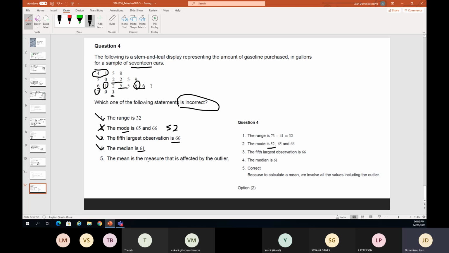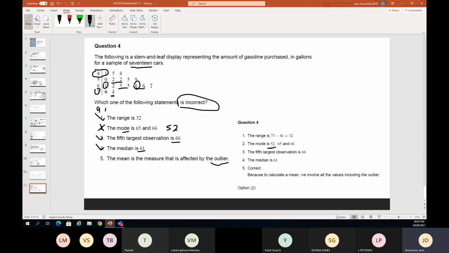The mean is the measure that is affected by the outlier. So if here was a value of, say, 91, the mode would not have changed, so it wouldn't have affected the mode. The mode would have still stayed 52, 65, 66.